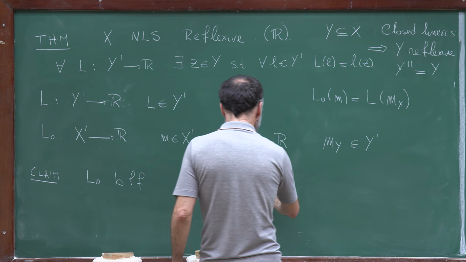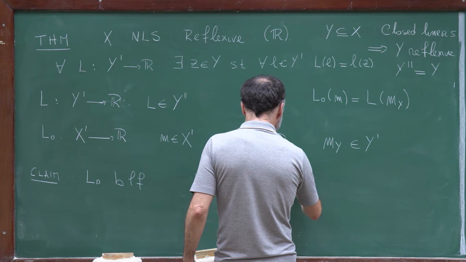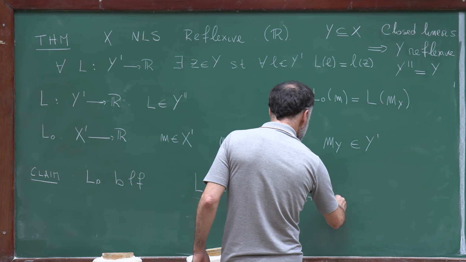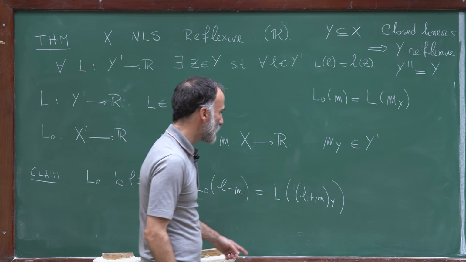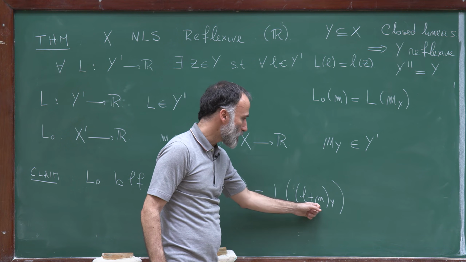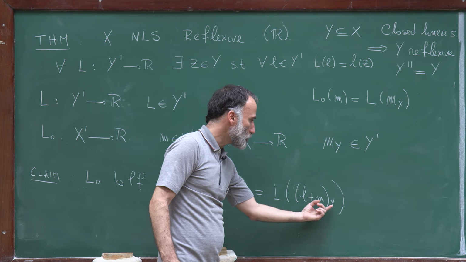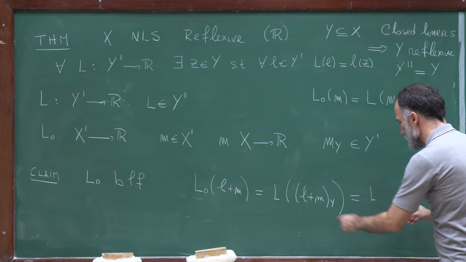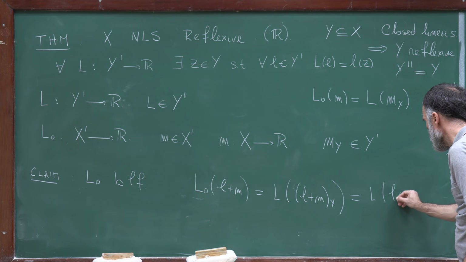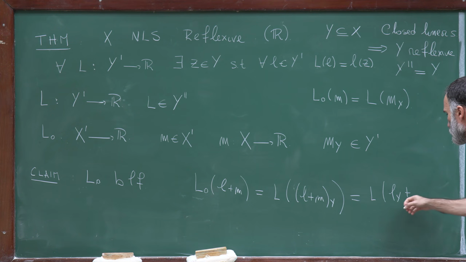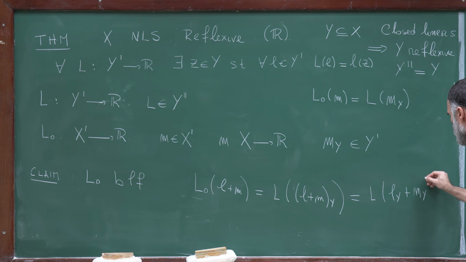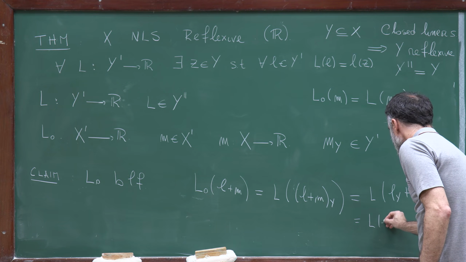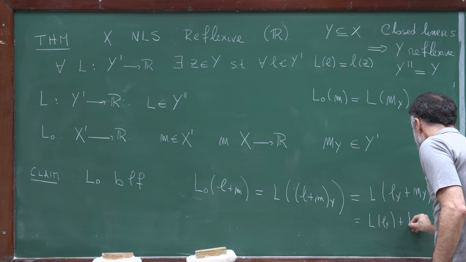By definition, this is L of (l plus m) restricted to Y. So I'm taking the bounded linear function l plus m, and I'm restricting this sum to Y. But this is equal to the sum of l_Y, the restriction of l to Y, plus the restriction of m to Y. Now L is linear, so this is equal to L of l_Y plus L of m_Y.